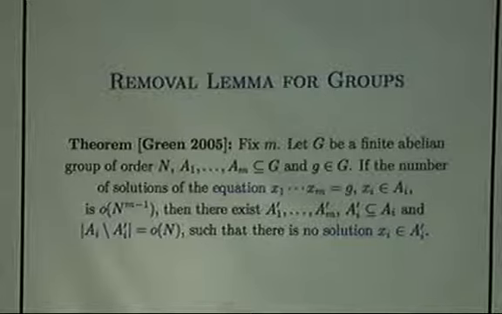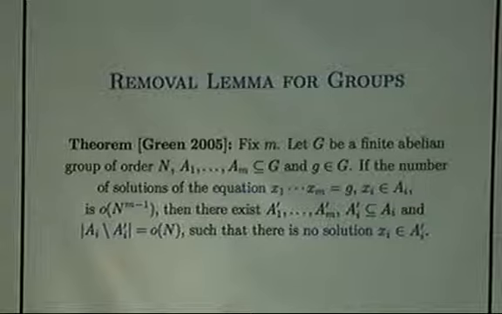Now we will have an abelian group G which contains capital N elements, and we will be interested in solutions of the equation x1 times x2 times ... times xm equal to g, and the restriction will be that the ith variable should have a value from the ith set.